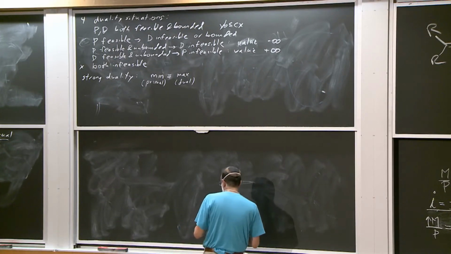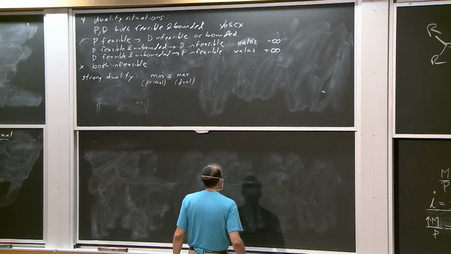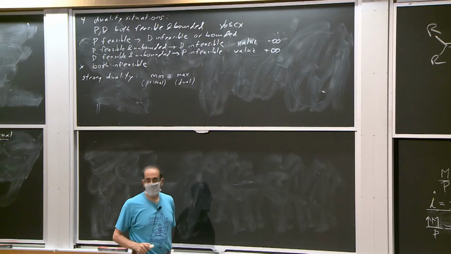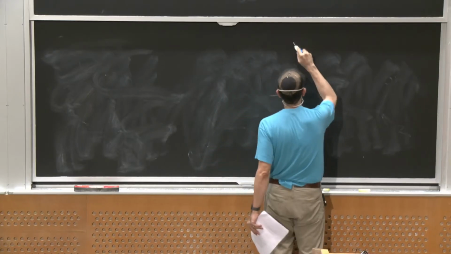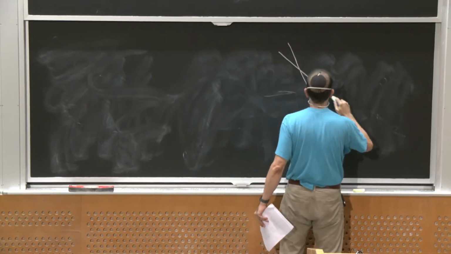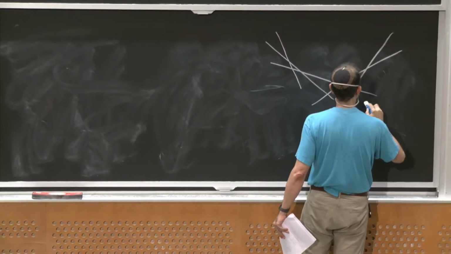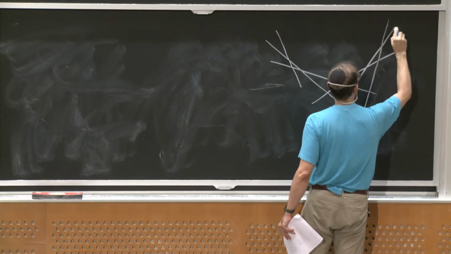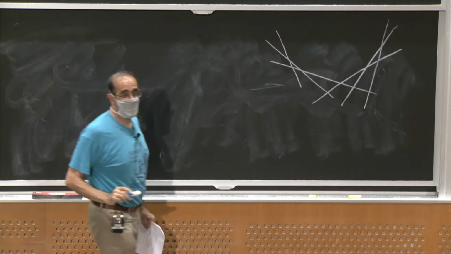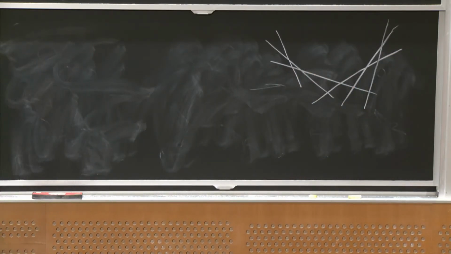Right? So let's draw a picture of a linear programming problem. Okay. What I'm going to do when I get my linear programming problem is go to the shop and get a bunch of boards.